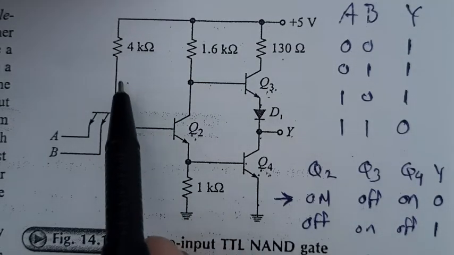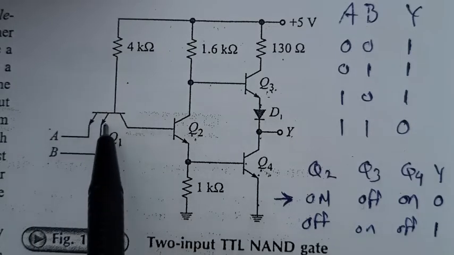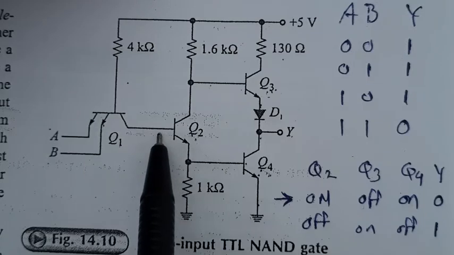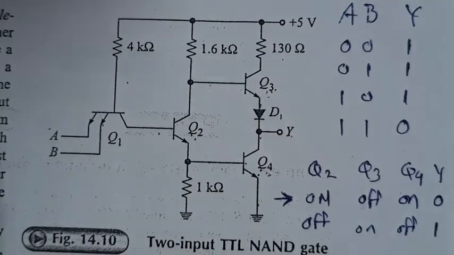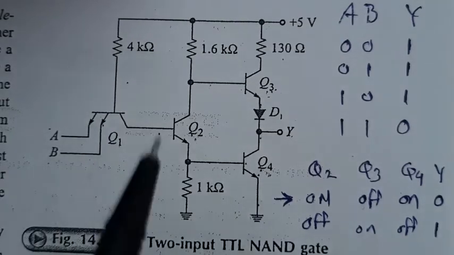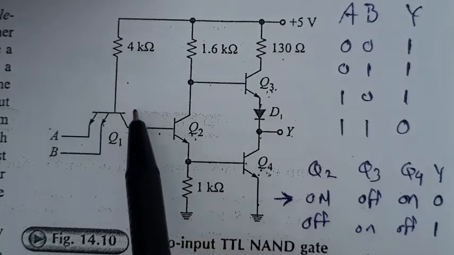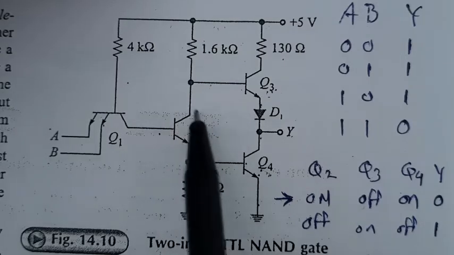Now the base current through the resistance of 4 kilo ohm, that is base resistance of transistor Q1, will either flow towards the input so that the transistor will be on and the base of transistor Q2 will be pulled down to the emitter of transistor Q1, or we can say that if there is no way that the current will flow towards the emitter, the current has to flow towards the base of transistor Q2 to make the transistor on, correct?